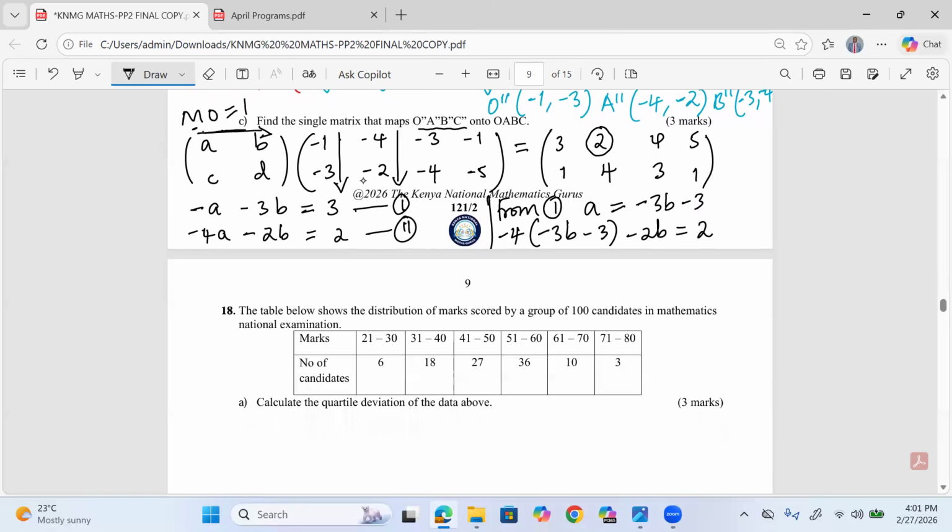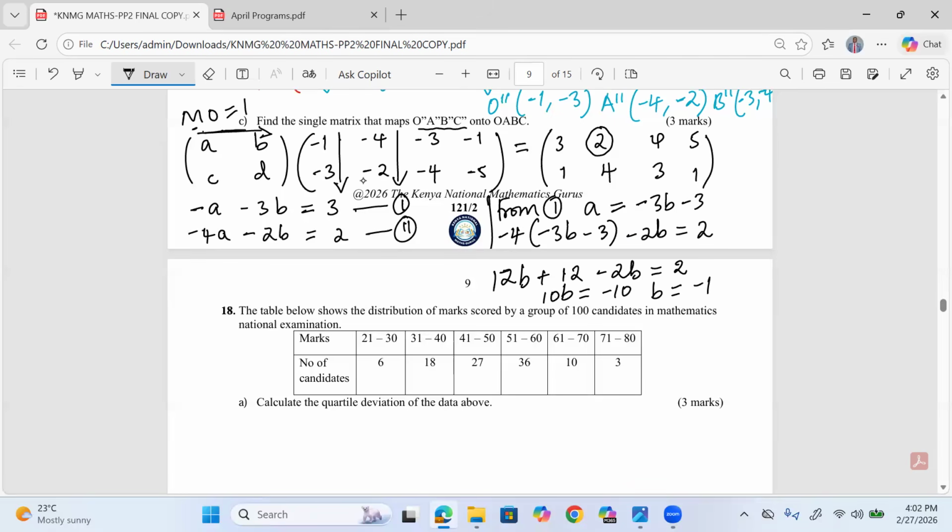So with this, we can find the value of B. This will be positive 12B, then positive 12, then minus 2B equals 2. When we group terms together, this will be 10 times the value of B, which will be negative 10. So the value of B equals negative 1 when you divide through by 10.